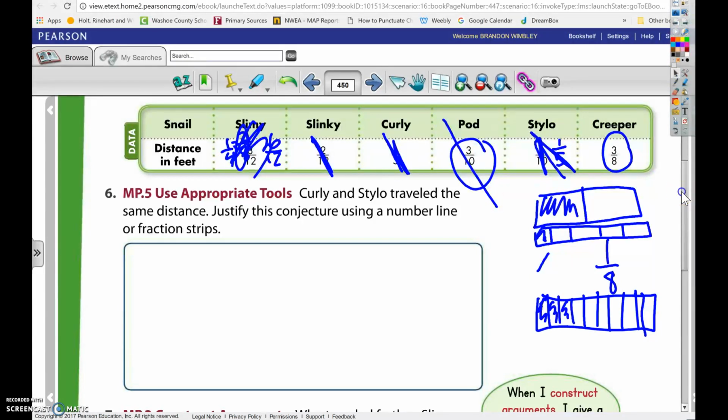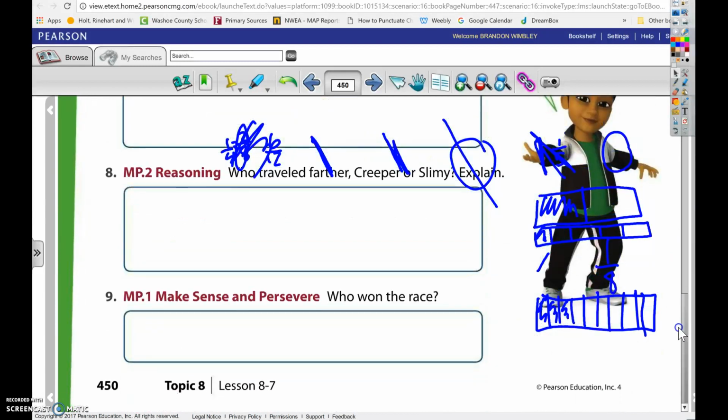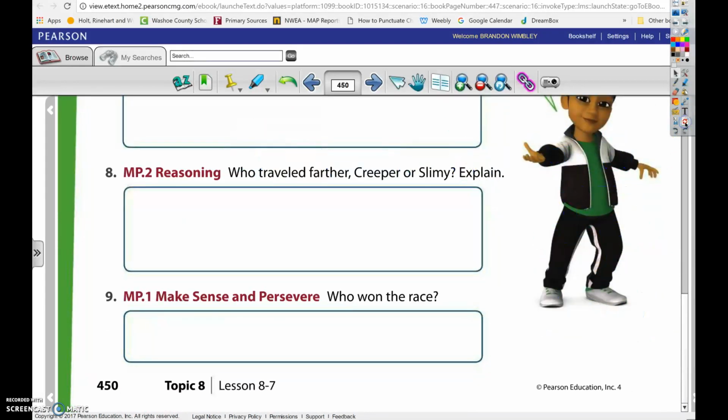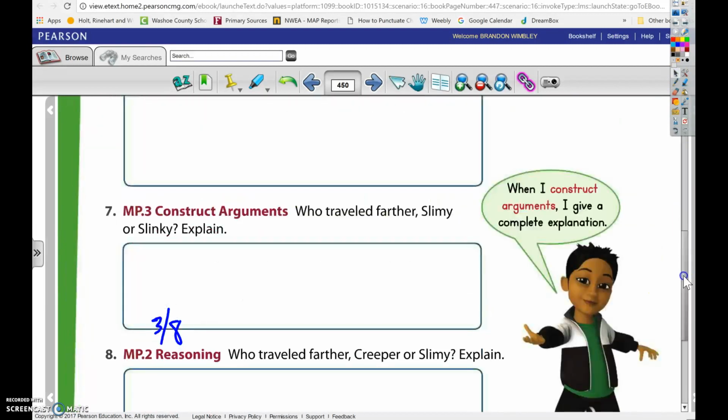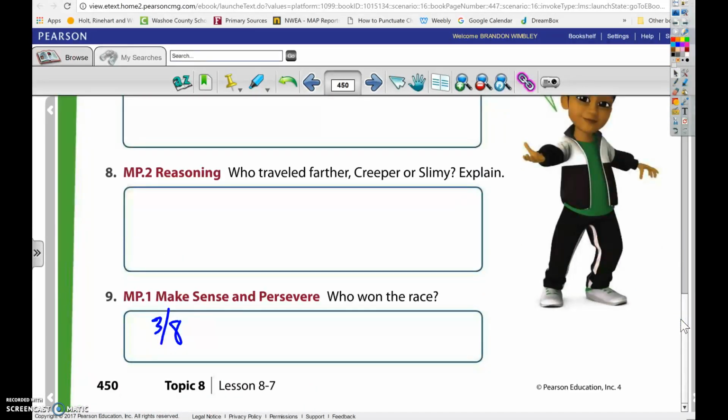I could also find equivalent fractions with the same denominator and answer it that way as well. So my answer here was 3/8, is correct. And I'm going to check since it says who, so it wants a name, and that was Creeper. Which also matches what I had up here too, Creeper being the furthest.